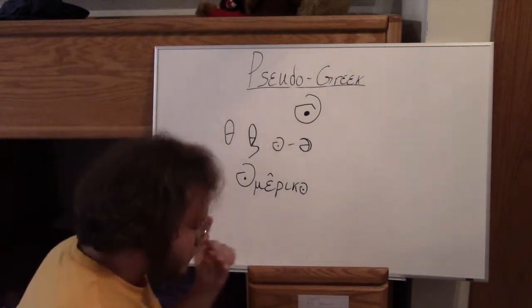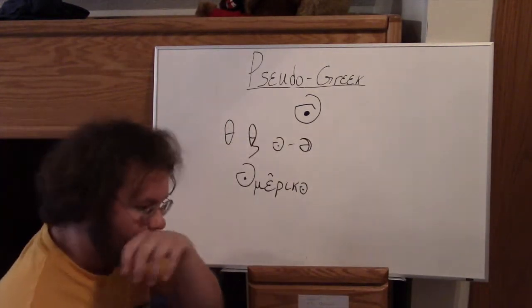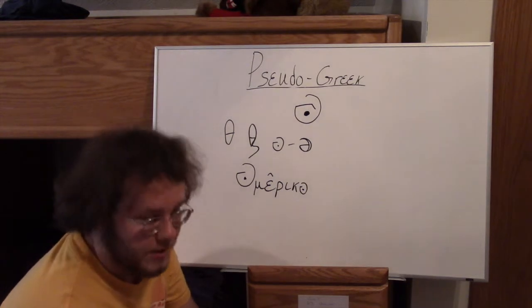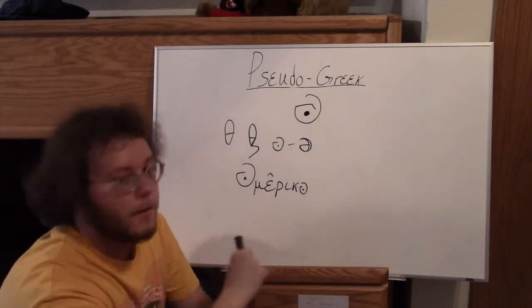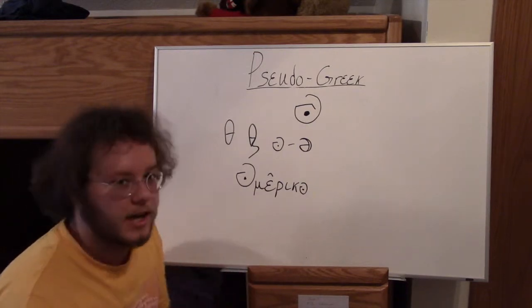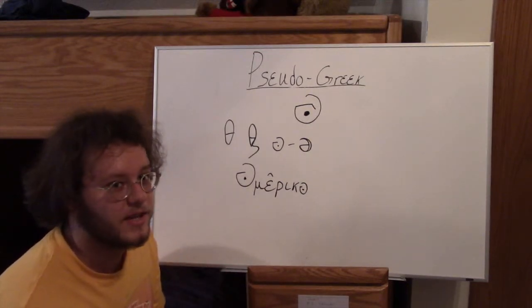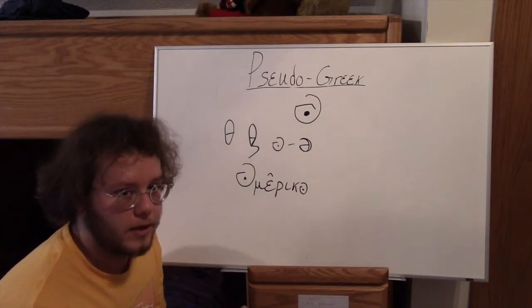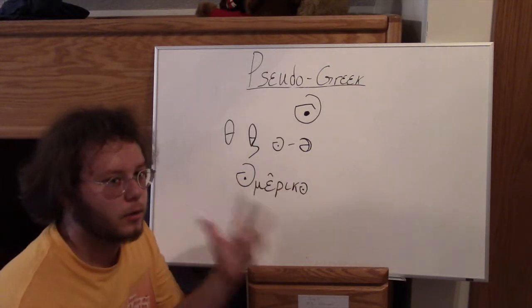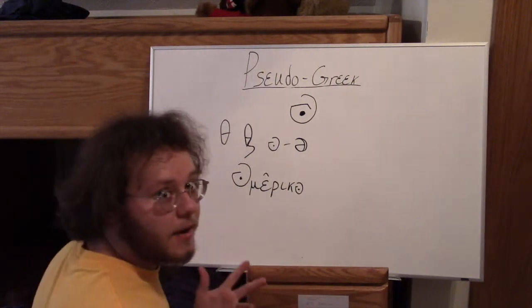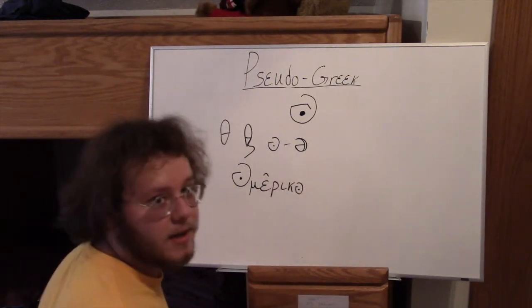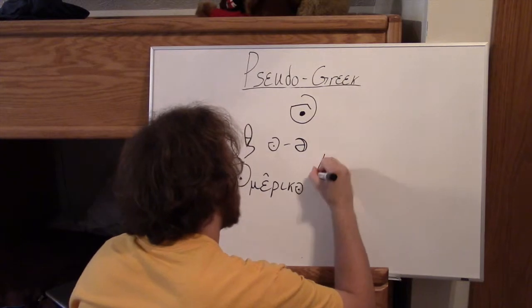Good deal. And also, on a final note, I actually have a name for this language other than Pseudo-Greek. Pseudo-Greek was just to introduce you to the idea of a different language other than Greek, though it still has Greek about it. The name of the language I've created using these phonetic symbols is, give me a second.